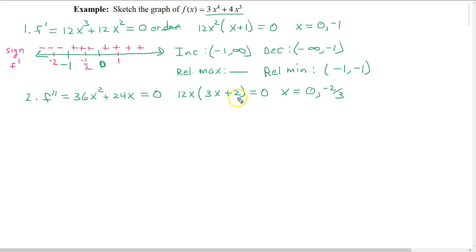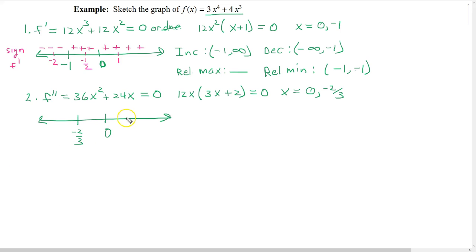Setting 3x plus 2 equal to 0, notice that this will equal 0 if we put -2/3 right in there for x. So let's see, now we have to find out where our function is concave up and concave down. So we will look at the sign of the second derivative. Let's mark off our numbers here on the number line. So we'll mark off 0 and -2/3.